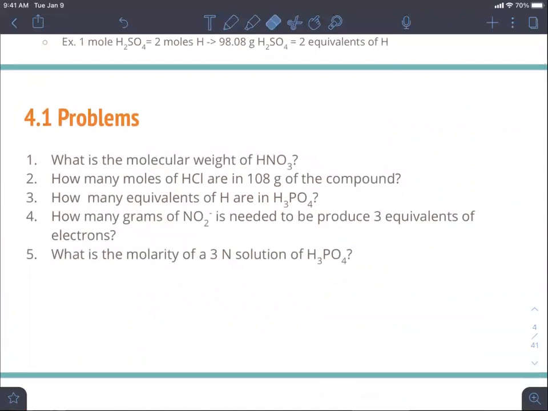So here are some problems. I'll give you guys a minute to do these. Most of these are pretty simple. We haven't really talked about the calculations yet, and we'll go over them together in the next section.